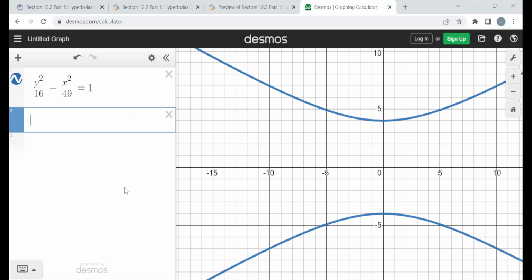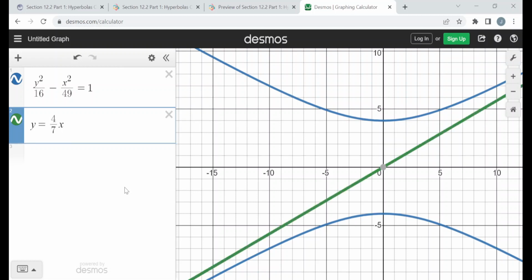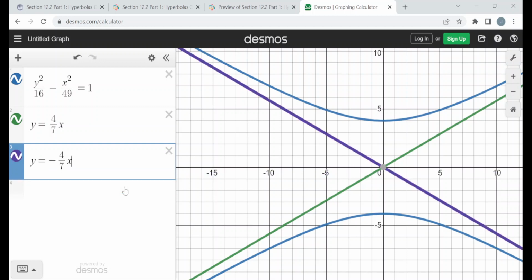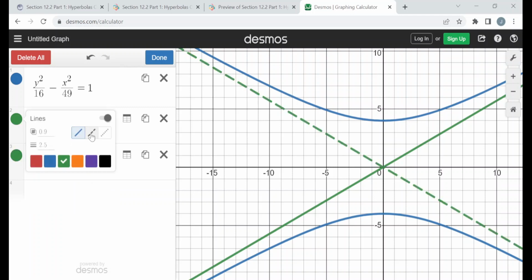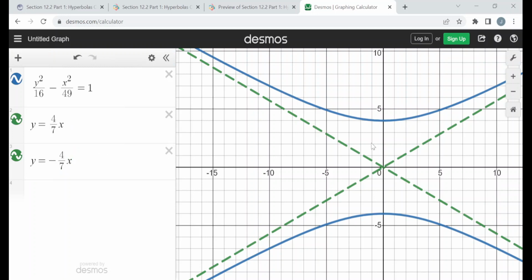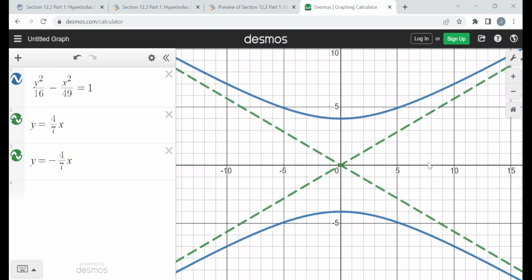And then let me just make sure the asymptotes are correct. y equals positive 4/7 x. The other one was y equals negative 4/7 x. And again, I'll make them the same color and dashed lines because they're not actually part of the hyperbola. And yeah, it looks pretty good to me. Looks like those two blue curves are approaching those green dotted asymptotes.